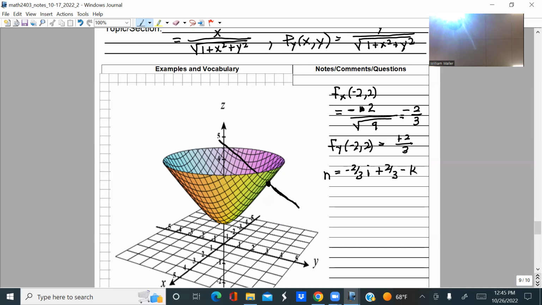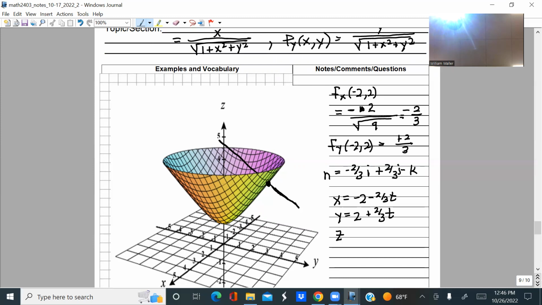And then what are the parametric equations for that perpendicular line that we see right there? So x is going to be what? Minus 2/3 t, right? And y is going to be positive 2 plus 2/3 t, correct?